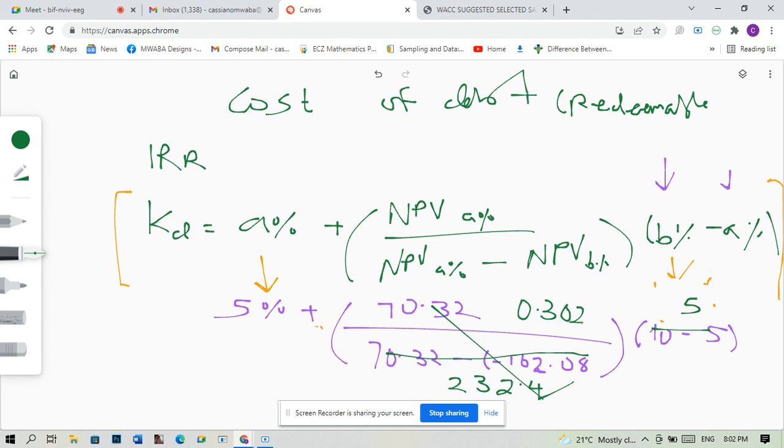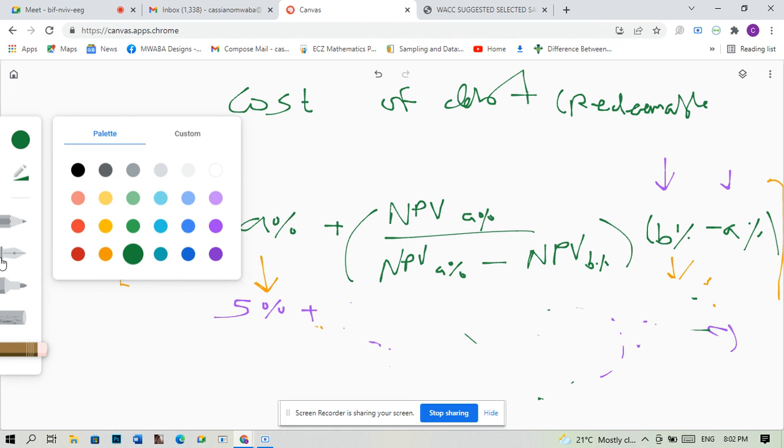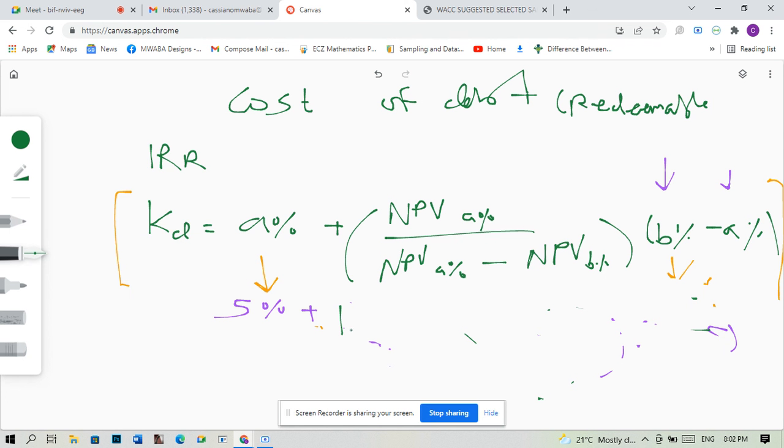So this 0.302, we're going to multiply it by 5. We're going to get 1.512.